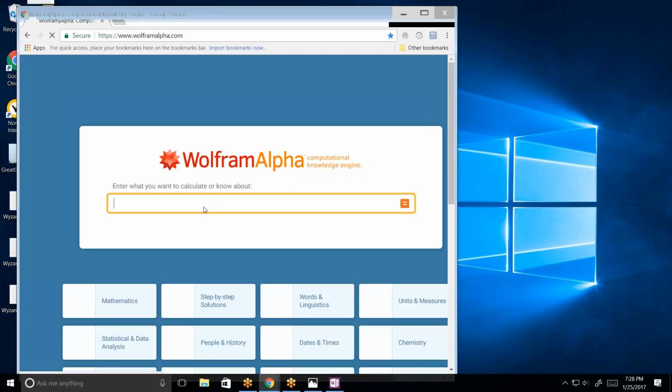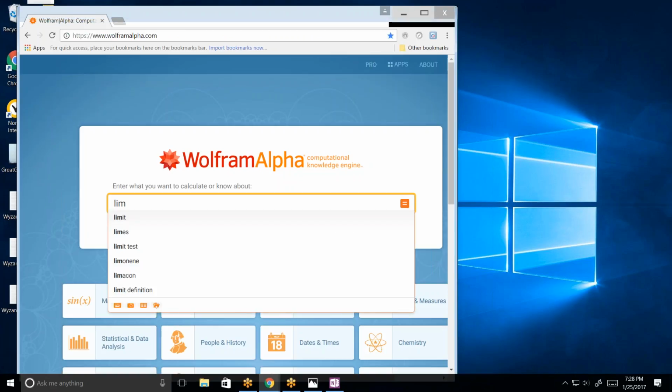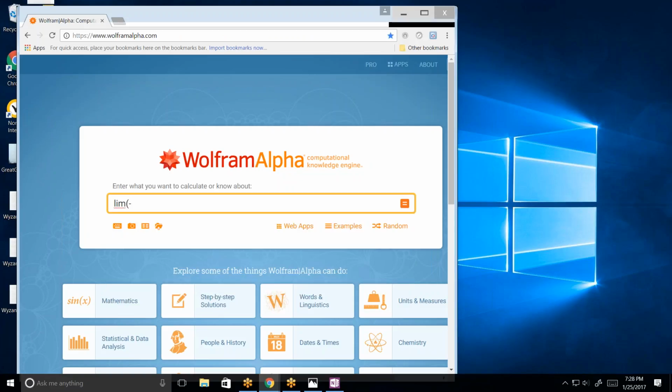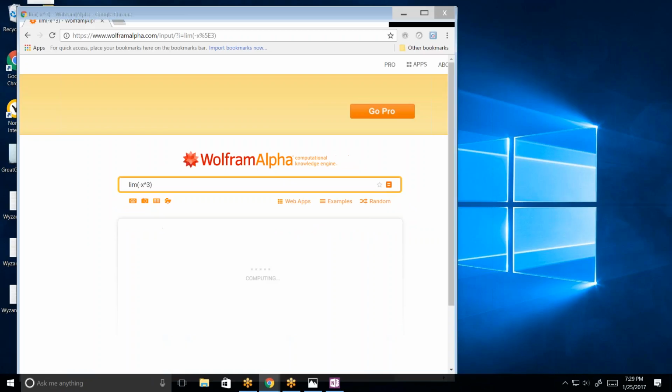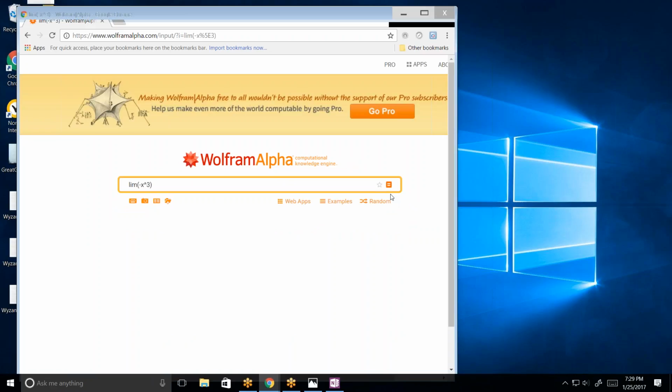I think I can do limits, limit of, and I want to put negative x cubed. In other words, -1 times x cubed, and it should give us limits as it goes to infinity or -infinity.